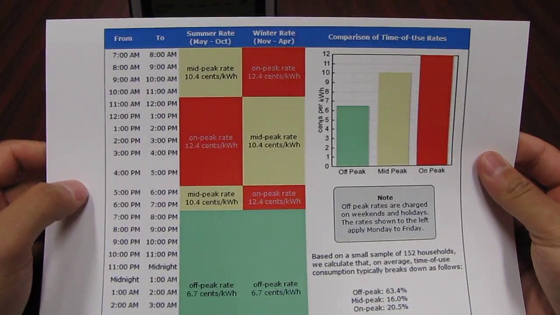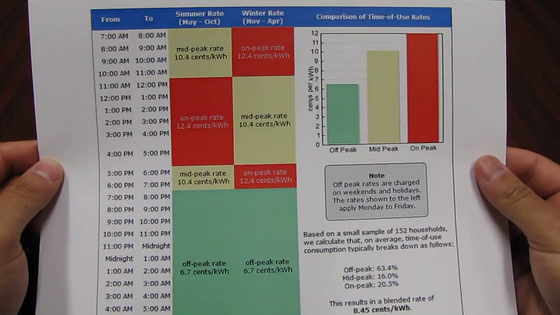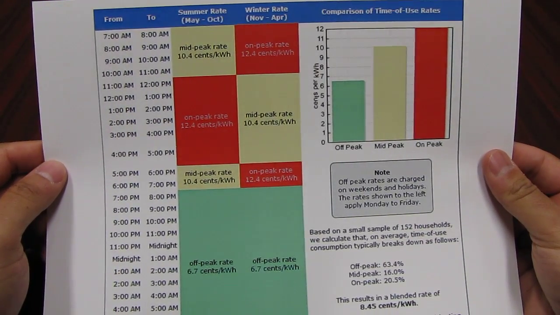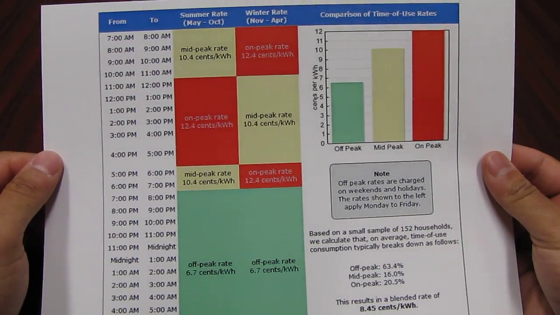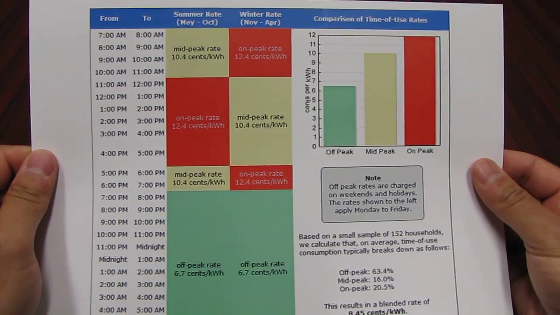Also for each of the seasons, we can set a 5th tariff rate for the weekends. So for Saturday and Sunday, we could set a fixed tariff rate for both the summer and the winter.